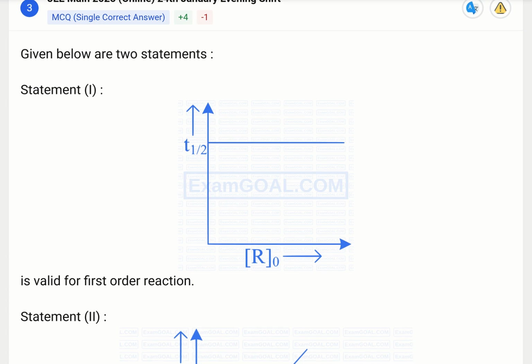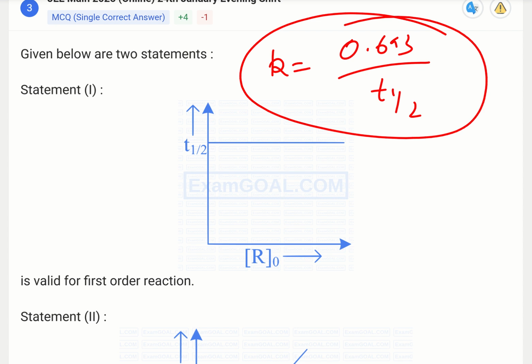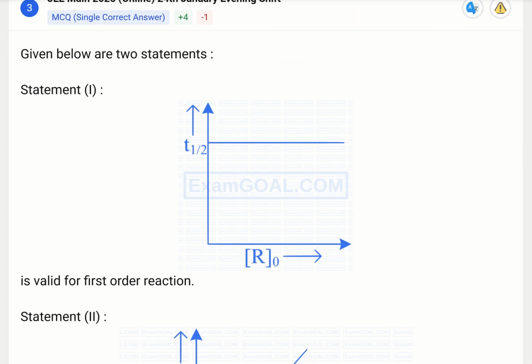Given below are two statements. Statement 1: t half is valid for the first order reaction, and t half is independent of concentration. Definitely. How can we say? K is equal to 0.693 upon t half, so no concentration is involved, which means this is a true statement. Statement 1 is true.